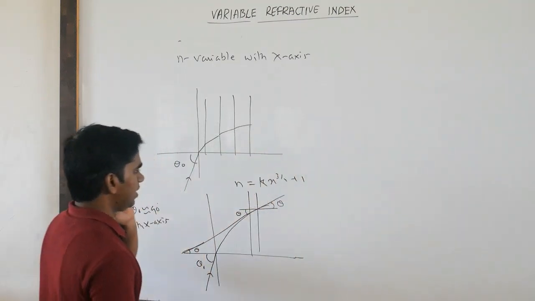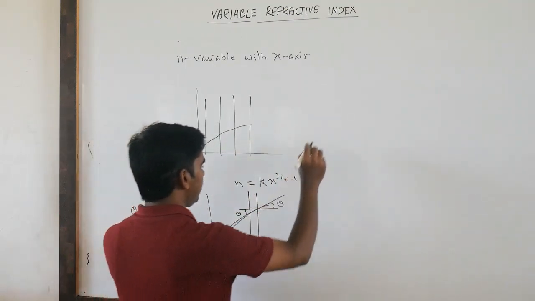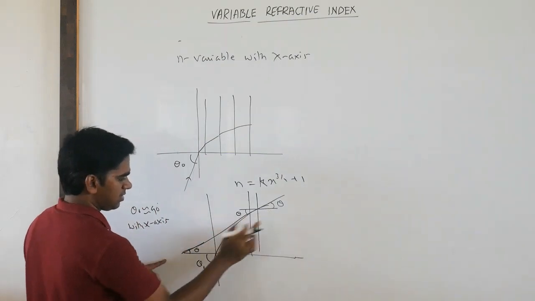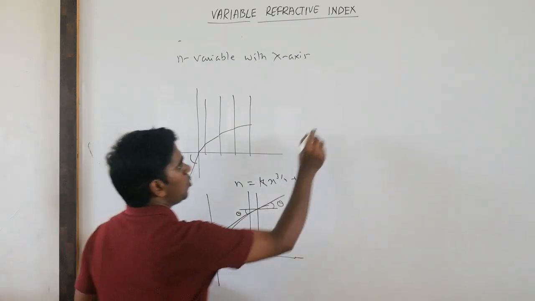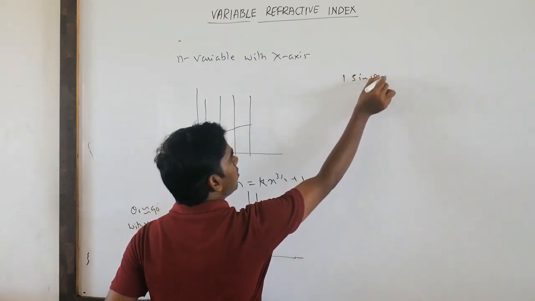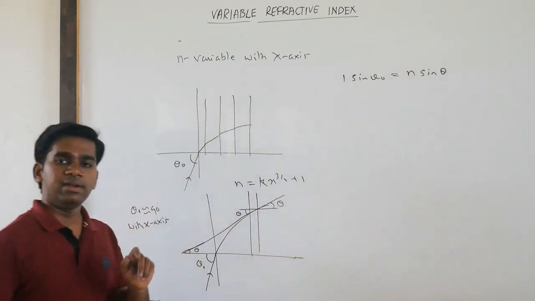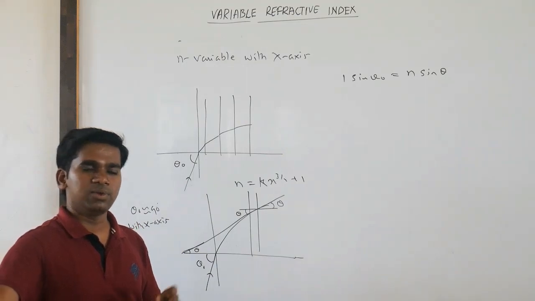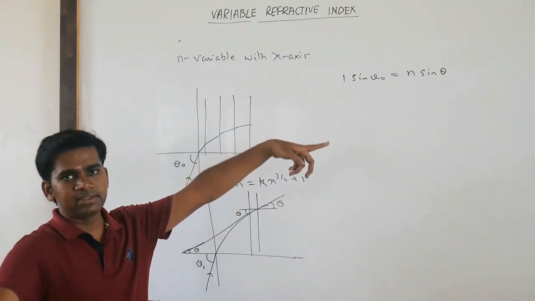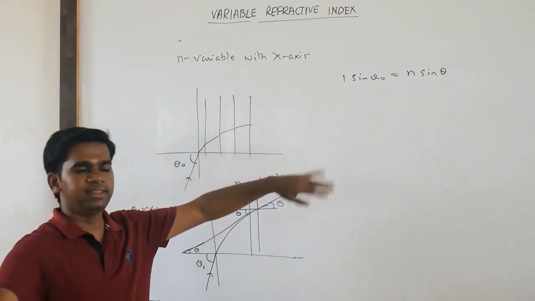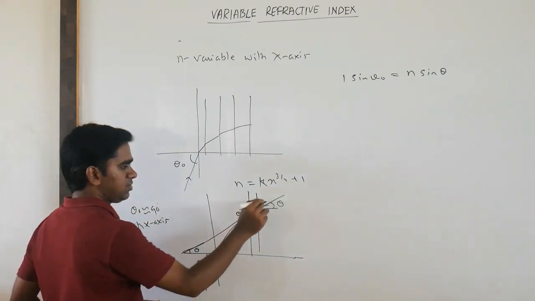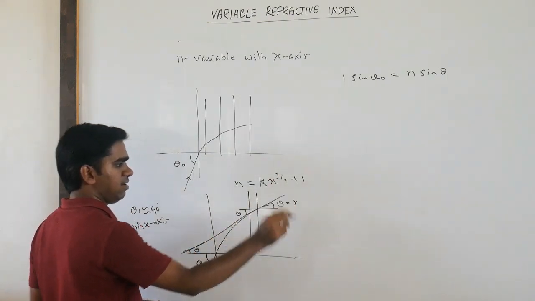Now here it is theta only. So what can you write? If you apply Snell's law for these two mediums, 1 sin theta naught equals n sin theta. When n is variable with y, it was n sin (90 minus theta), but here it is directly n sin theta because theta is going to be your angle of refraction.